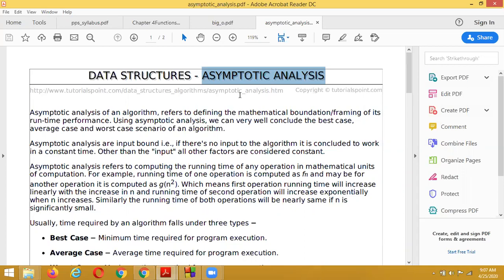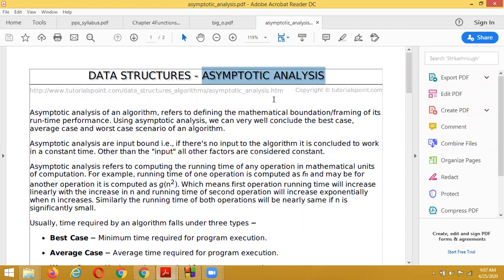How are you going to choose that best algorithm? Depending on the time and space complexities, and on which algorithm is efficient, depending on the logic, we are going to choose the algorithm for our project.